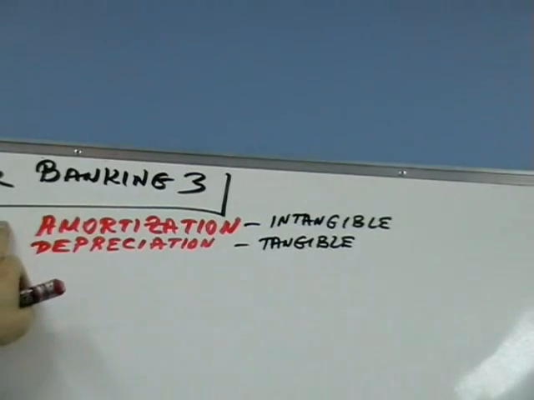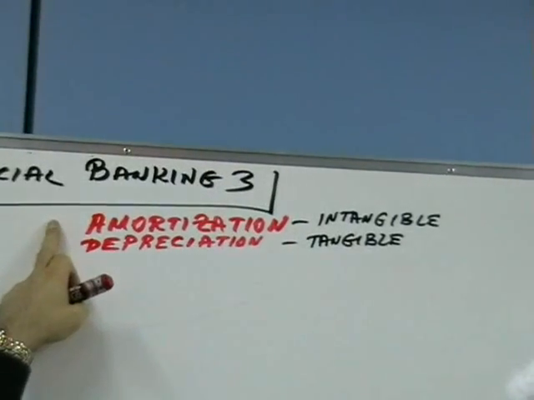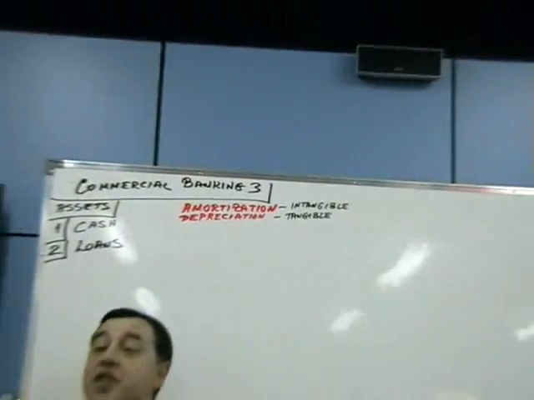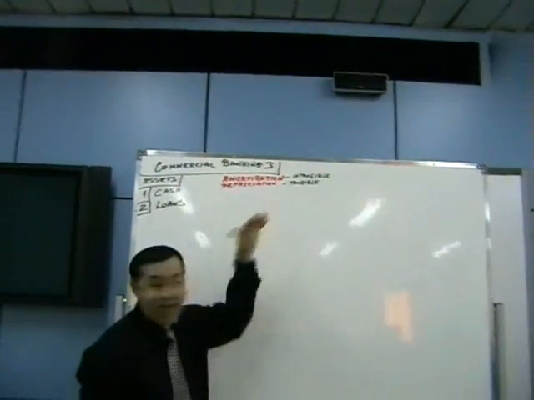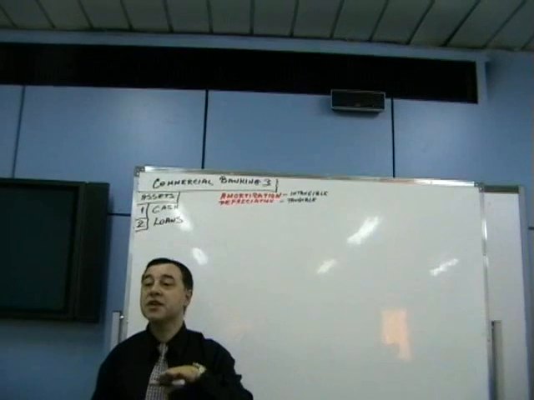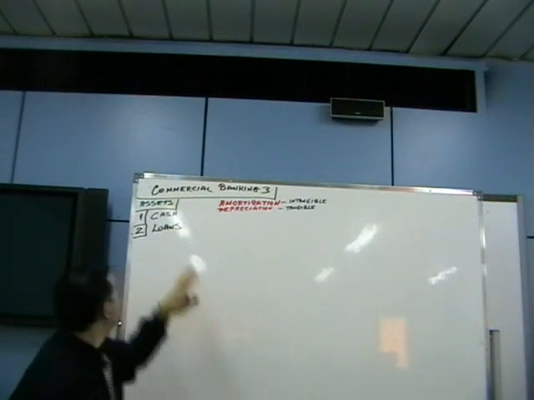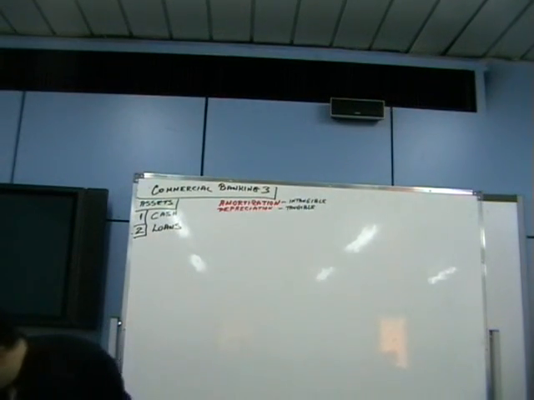So amortization will be the process by which the book value of an intangible asset is reduced. Alright? So this was about the loans.